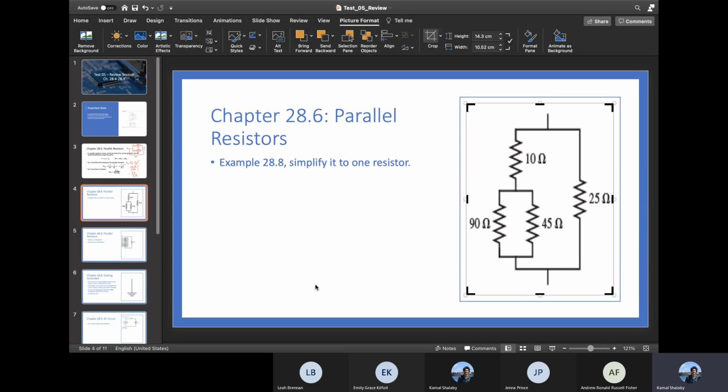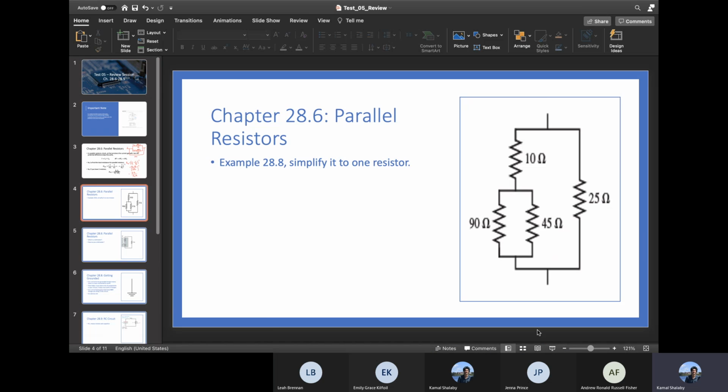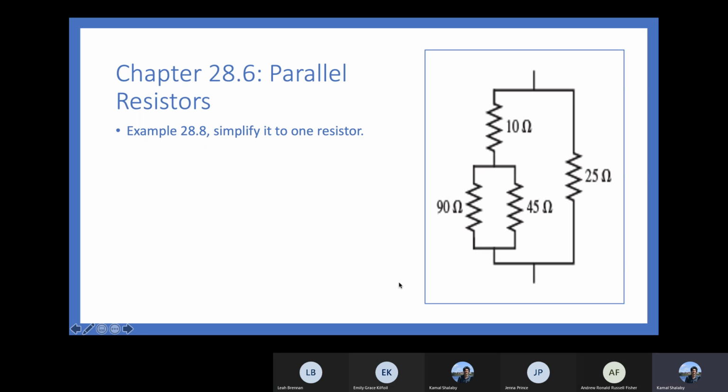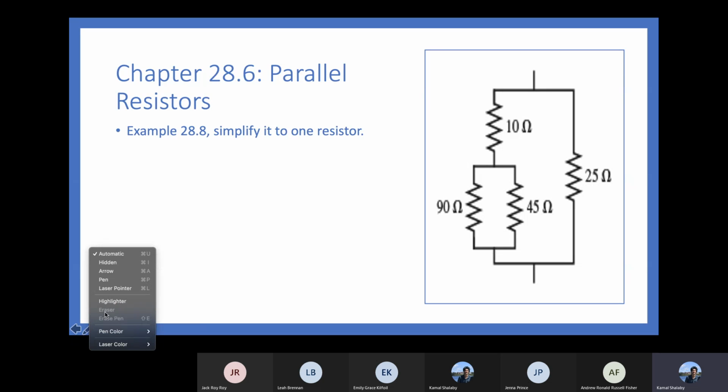Okay, so we have those four resistors, and we want to put them as one resistor. What to do?